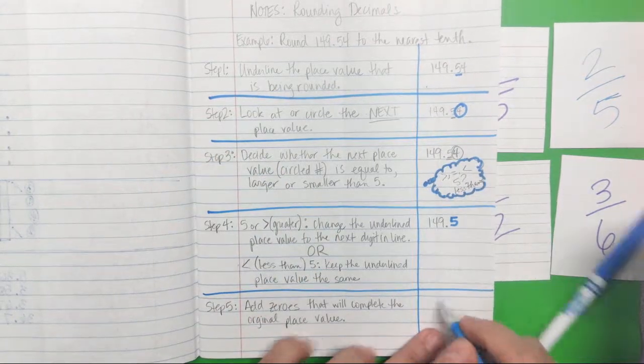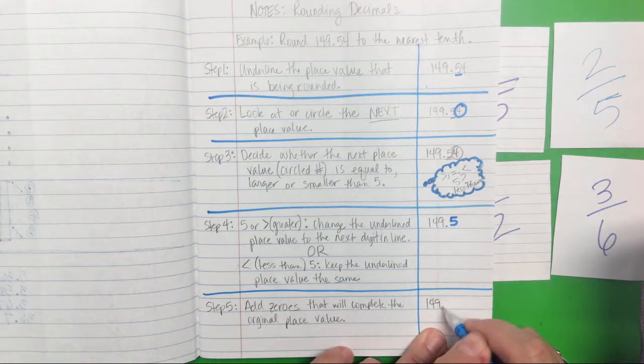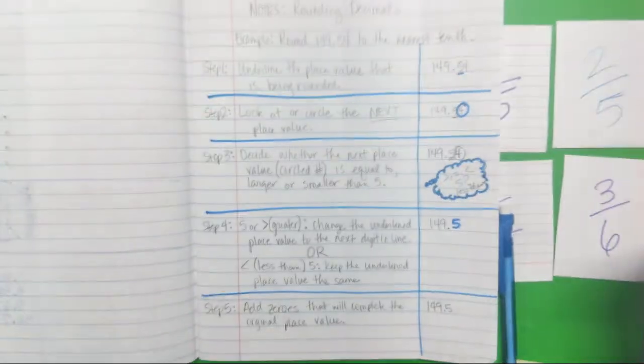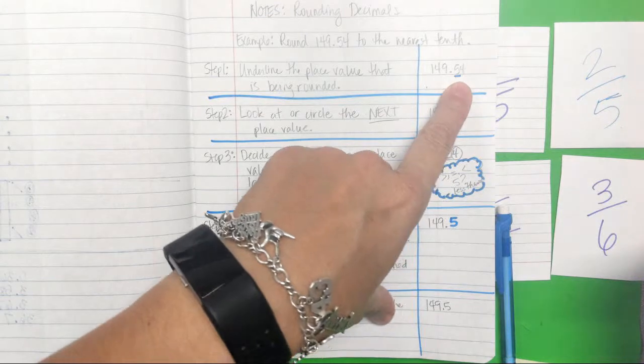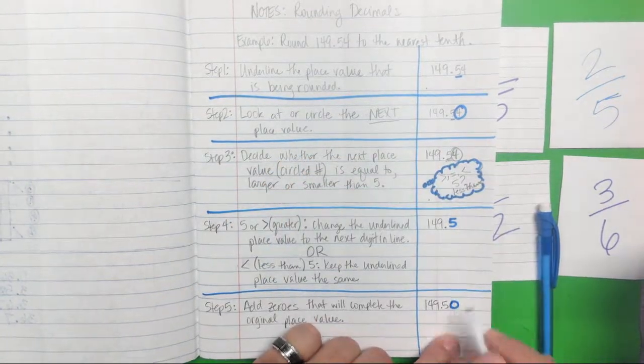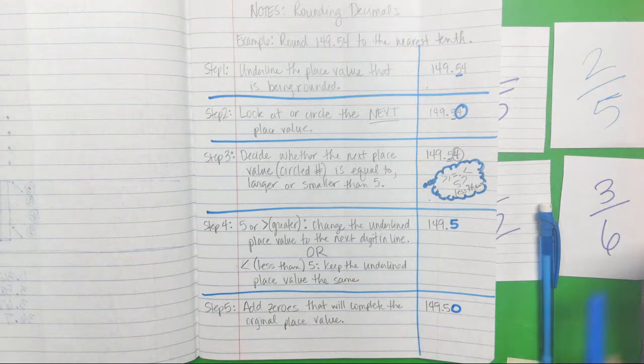So we've come up with 49.5. Now our original number had 2 place values after the decimal, so I've got to replace this 4 with a 0. All right? So this is rounding decimals.